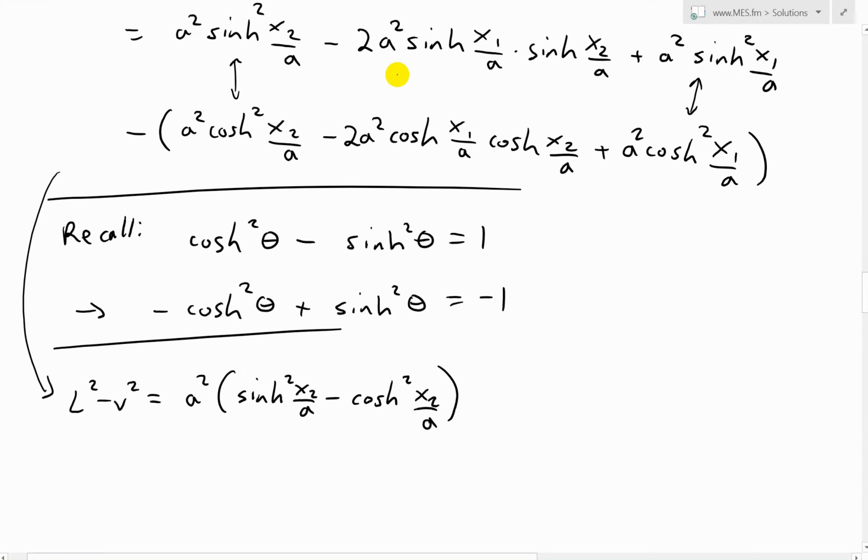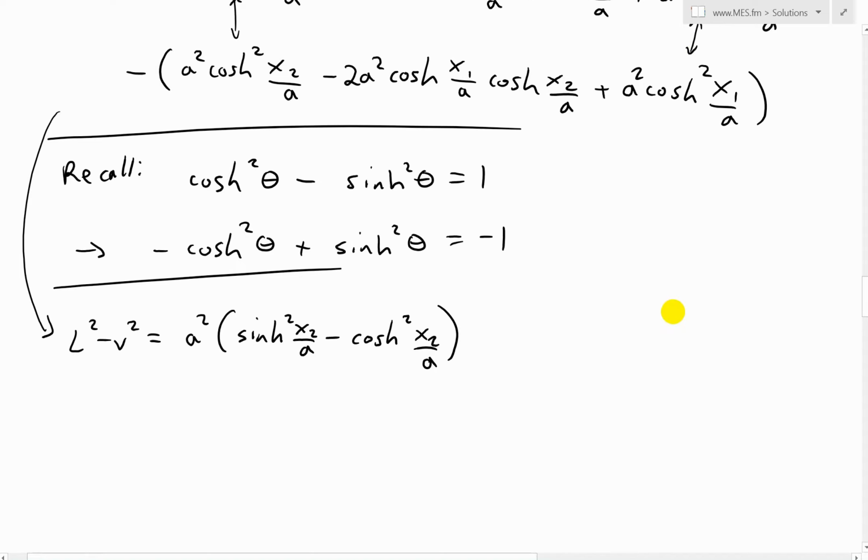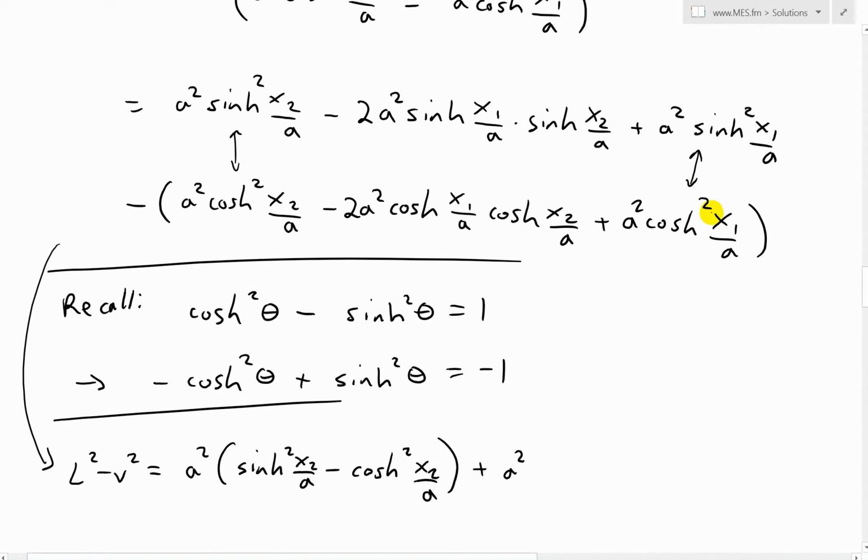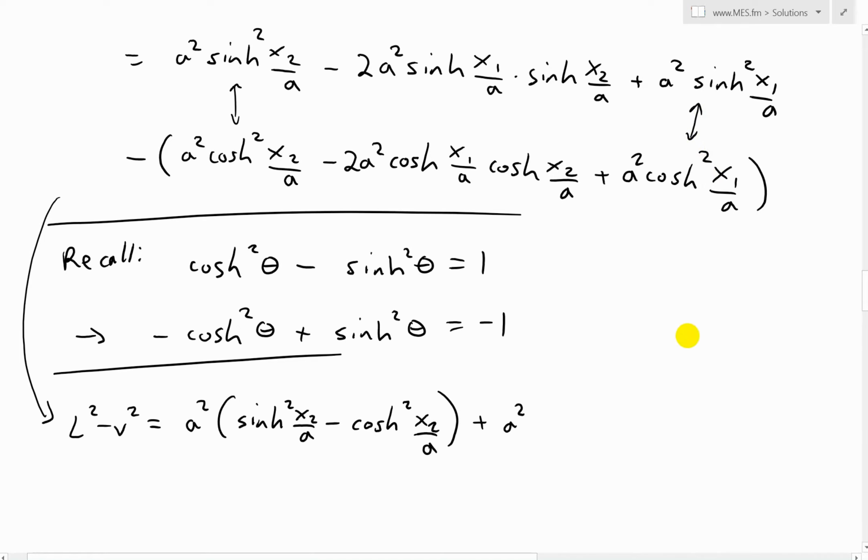I'll ignore this middle one for now and do this one first, just because it's the exact same thing. So we have a plus a squared, and now combine this, put this in brackets. When we put the negative, that's going to be negative there.